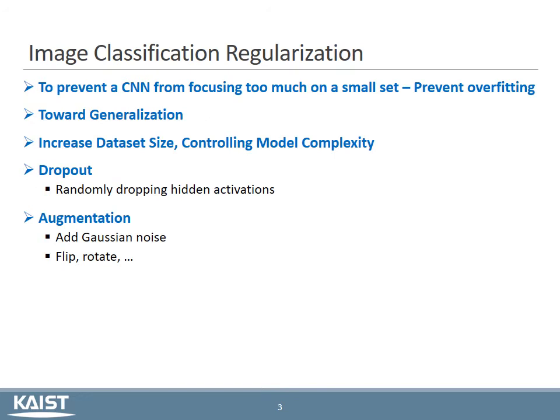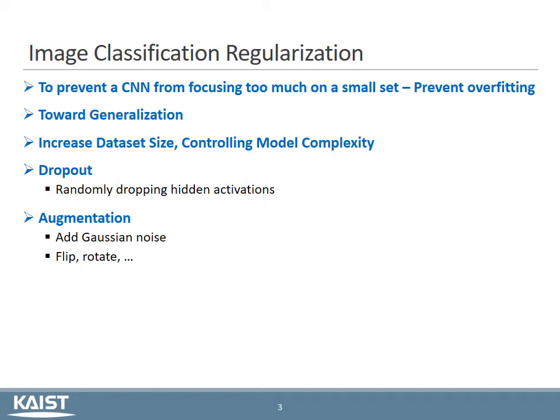To prevent overfitting, a direct way is to increase the amount of training data, but this is not an easy task and takes much time. Therefore, many people have studied regularization. The simplest way is to control the complexity of the model.